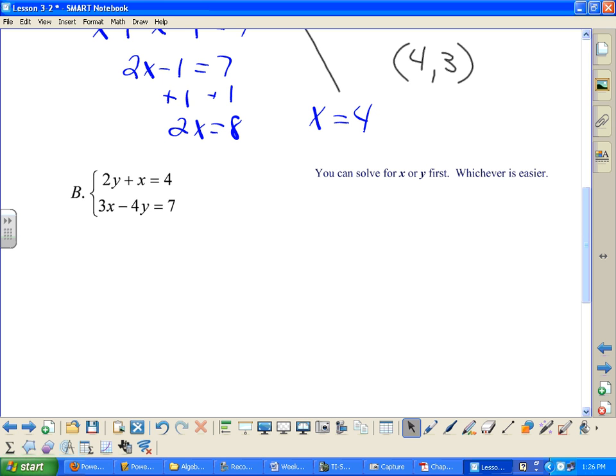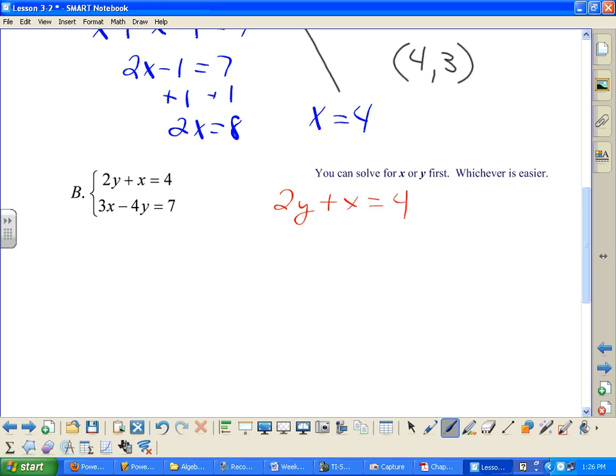So if I look at these two equations, which equation and which letter would be easiest to solve for first? Okay, the top one in x. All right, so we're going to take the top equation, 2y plus x equals 4, and solve it for x.